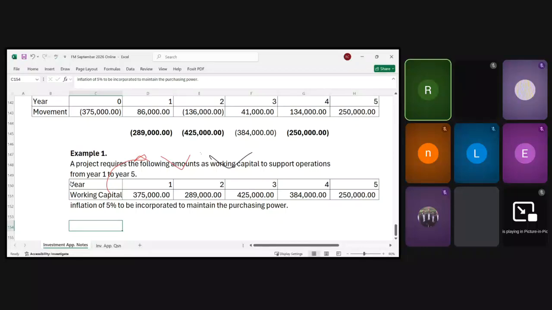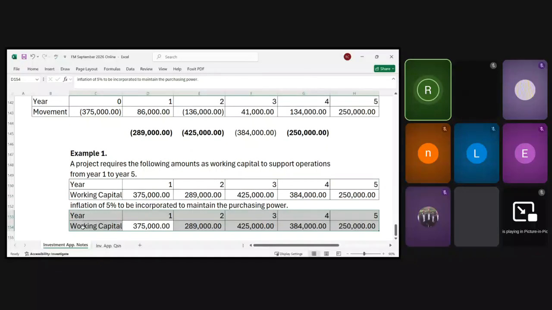So what do I need to do? First of all, I need to inflate my working capital. So I'm going to copy this one as it is, paste it there, and then I'm going to call it real working capital. All right, real working capital.